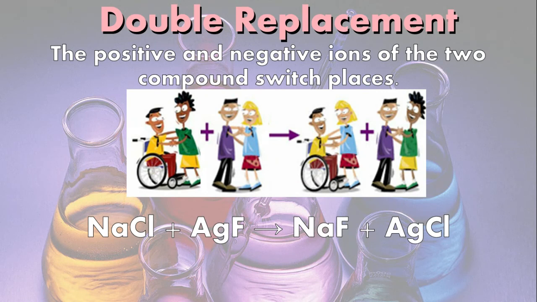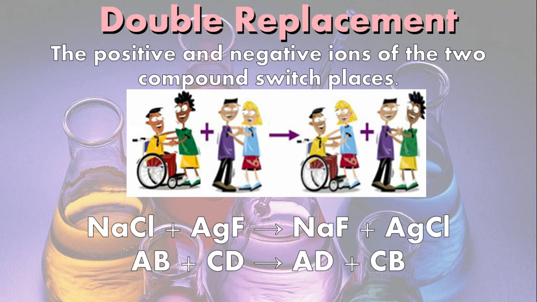For example, we have sodium chloride plus silver fluoride. This will undergo a double replacement reaction, yielding sodium fluoride plus silver chloride. So the general formula will be AB plus CD will yield AD plus CB.